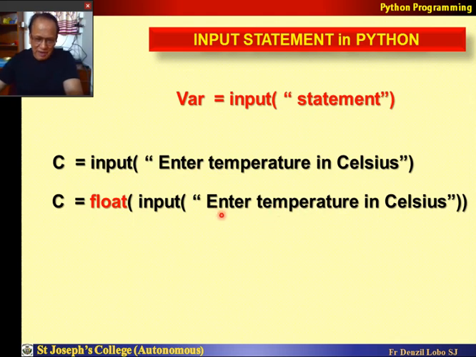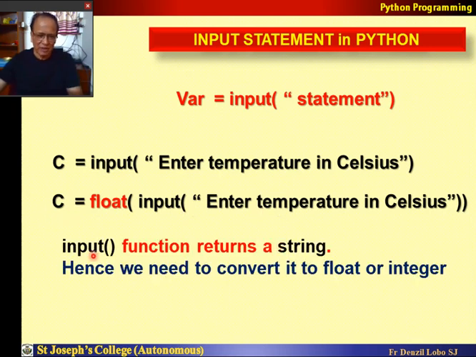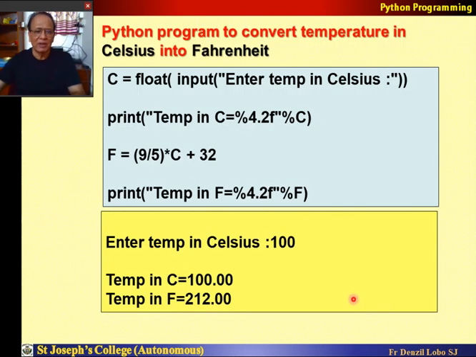The string is converted to a floating number here, so 100 becomes 100.0. Therefore, the input function returns a string. Hence, we need to convert it into either float or integer. That is what is done there. Well, let us go through some problems. Python program to convert temperature in Celsius into Fahrenheit.